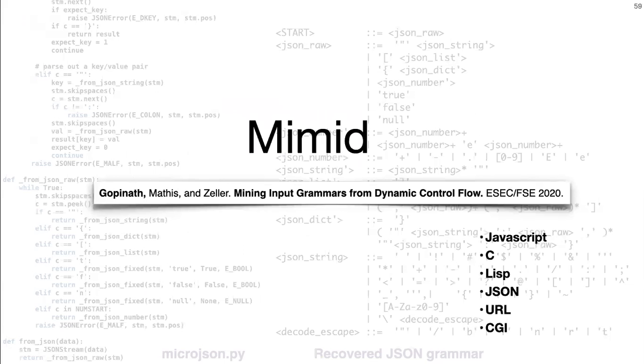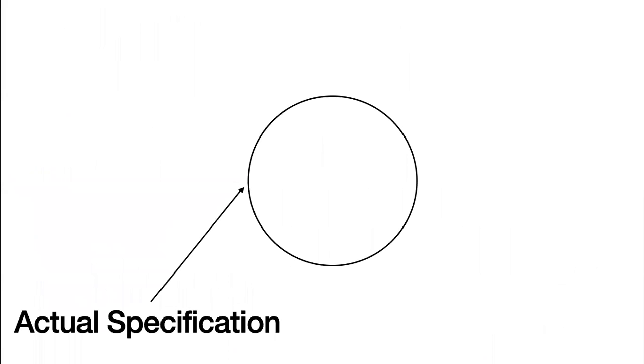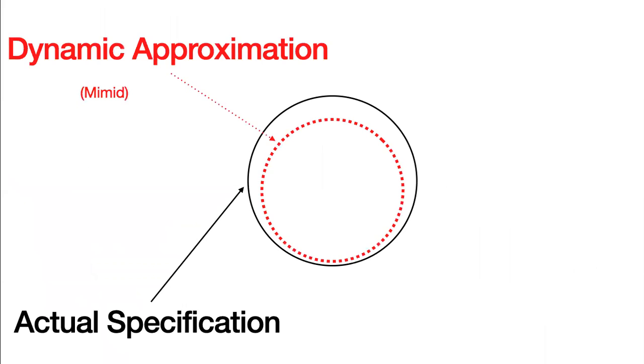And our technique, which we call MIMID, is lightweight and can be applied for a variety of parsers. The grammars produced by MIMID are all well readable. Now, what we have so far is a dynamic, context-free approximation of the actual specification.